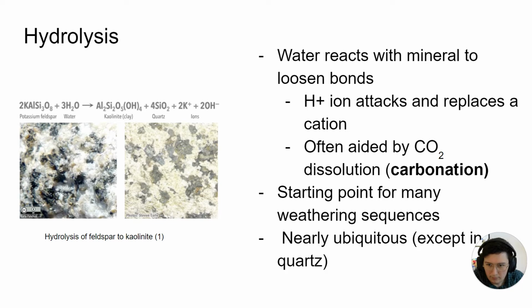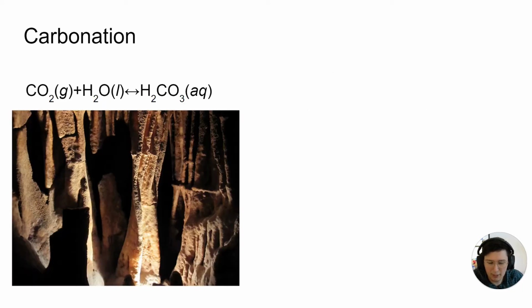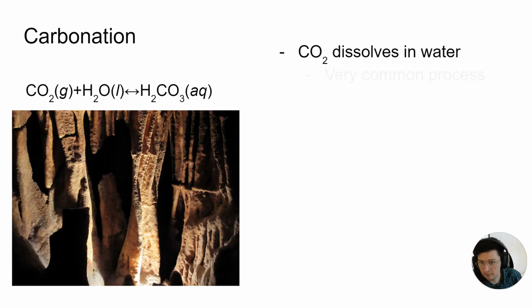So let's talk about carbonation then. Carbonation is just when CO2 dissolves into water and creates carbonic acid. We've seen this a whole bunch of different times in the carbonate lectures, in the acid-base lectures, ocean acidification, all sorts of stuff. Like I said, it's super common.